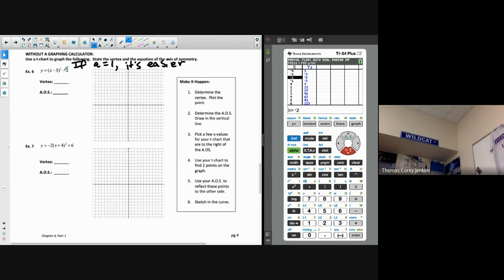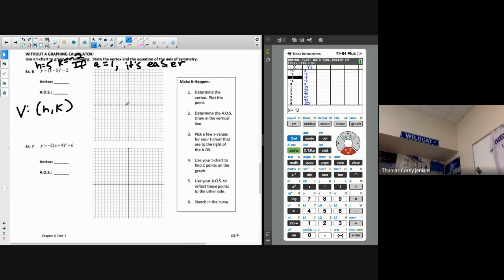All right. So looking at this one, then, what's my vertex? Remember, vertex is always at h, k. So h equals 5, and k equals -2. All right, h equals 5, k equals -2. So my vertex then is at 5, -2.